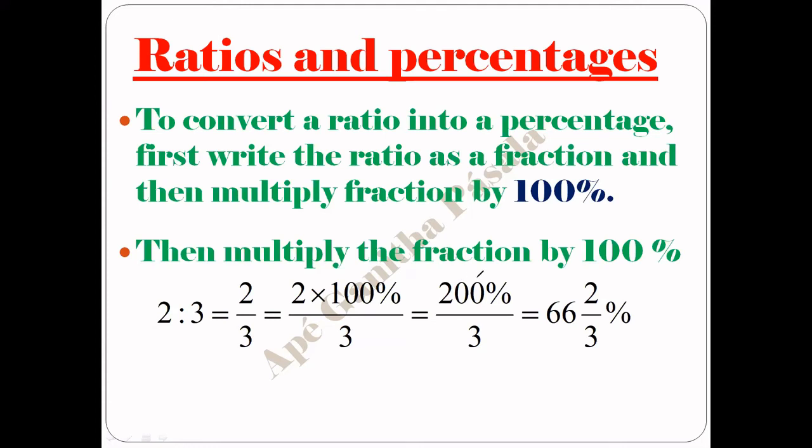Then 2 and 0, 20. Again 3 into 6, 18. 2 remains. Use long division and divide. Write the answer here, remainder here, 66 and 2 over 3%. So the ratio 2 over 3 is equal to 66 and 2 over 3%.